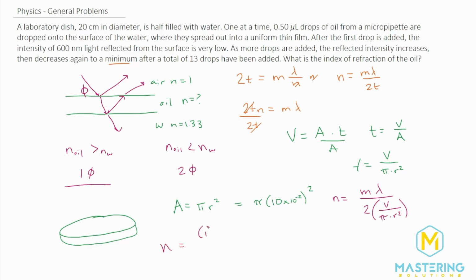n is equal to 1, then as we said, 600 times 10 to the negative 9 meters, divided by 2. Now the volume: we said with 13 drops added, so we have 13 drops and every drop had 0.5 times 10 to the negative 6 meters, and that's divided by pi times the radius, which we said was 10 times 10 to the negative 2 meters squared.